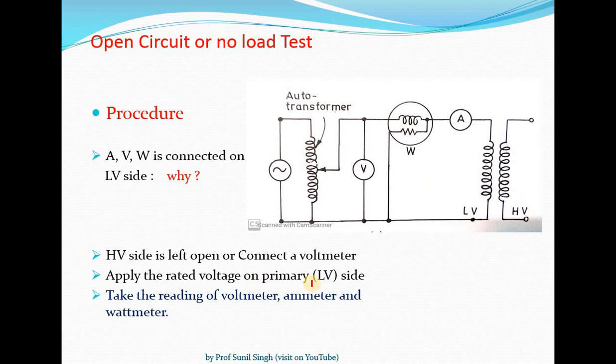So apply the rated voltage on the primary side. When the reading of the voltmeter becomes 400, the readings of the wattmeter and ammeter should be noted down. The ammeter reading will give the no load current, the wattmeter reading will give the loss, and the voltmeter reading is the rated voltage.